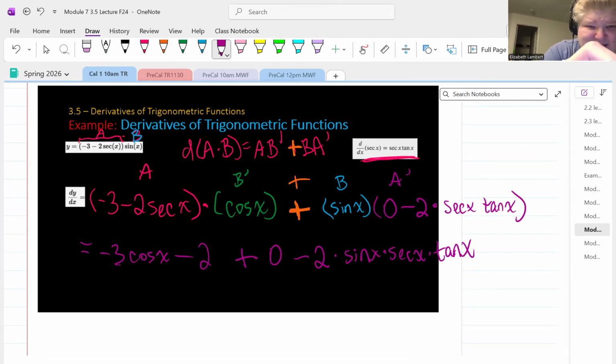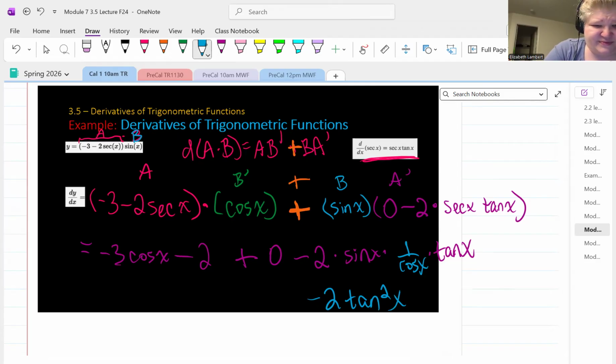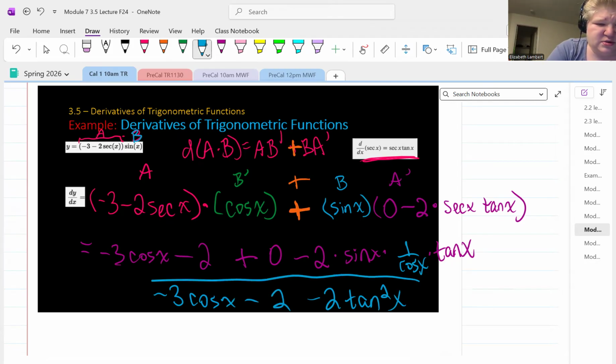Now the secant x is 1 over cosine, and then sine over cosine is tangent. So we have tangent times tangent, so this is -2 tangent squared x. So we have negative 3 cosine x minus 2 tangent squared x.